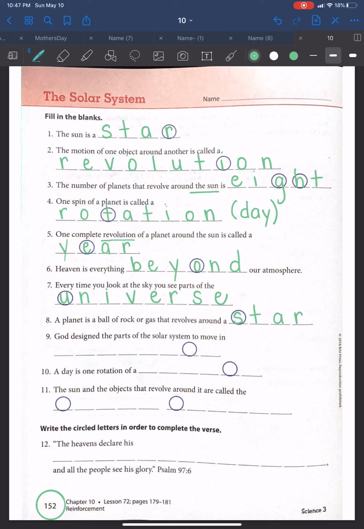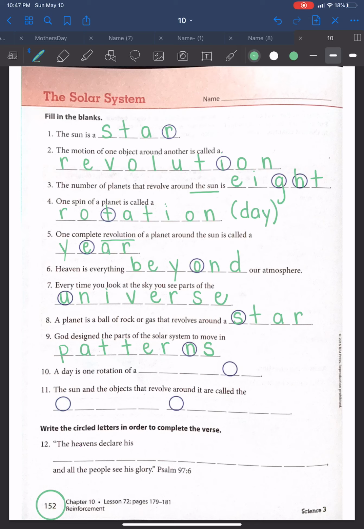God designed the parts of the solar system to move in what? Great job. Patterns. You are doing excellent. A day is one rotation of a what? Every single one of these 8 things rotate.